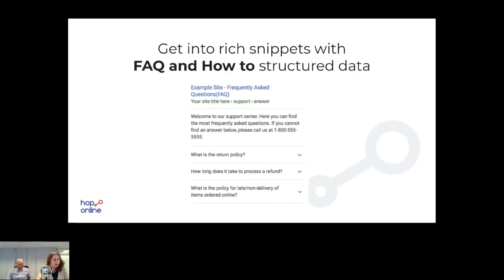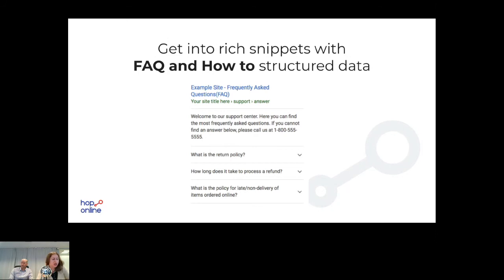A couple of other useful structured data types are the frequently asked questions one. I suppose that almost all of your websites have a frequently asked questions section. And if you have some useful resources about how to do something, there's also a specific structured data type for that, which can give you much bigger visibility in the search results compared to your competitors.